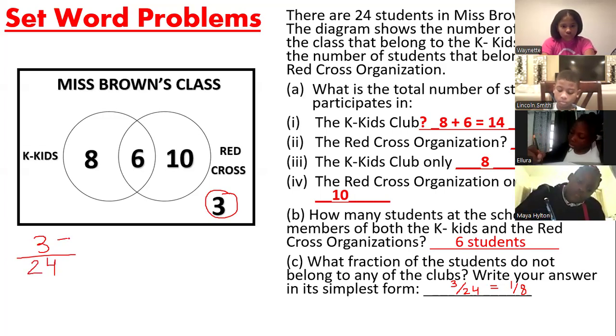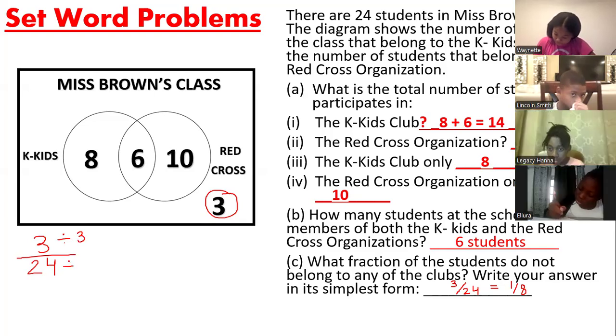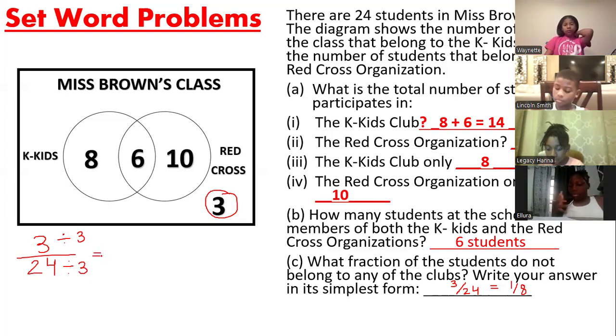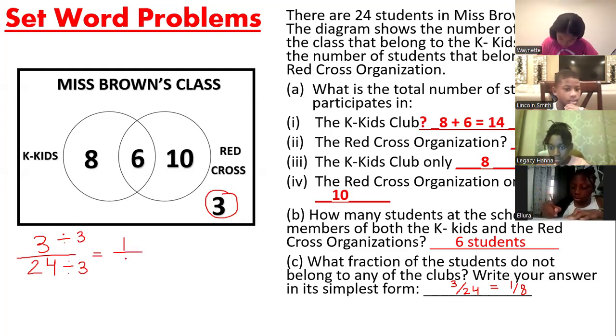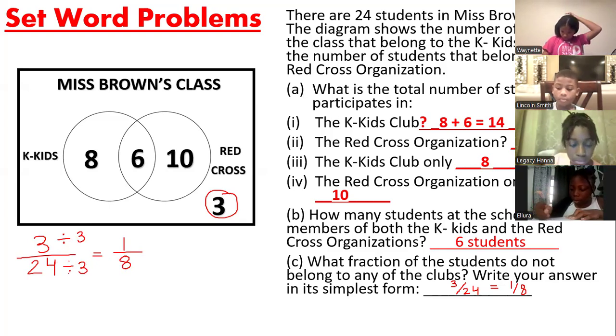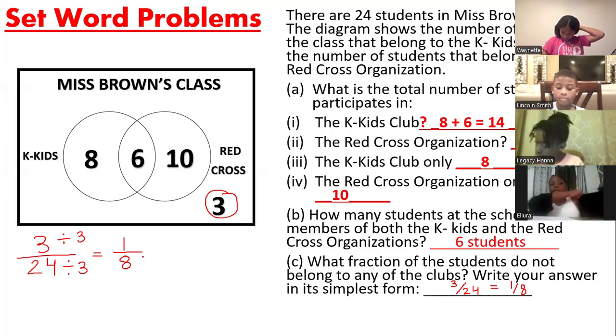So we have to divide the top by 3, and we have to divide the bottom by 3. 3 divided by 3 is what? 1. 24 divided by 3 is what? 8. So it's 1 over 8. Very good.